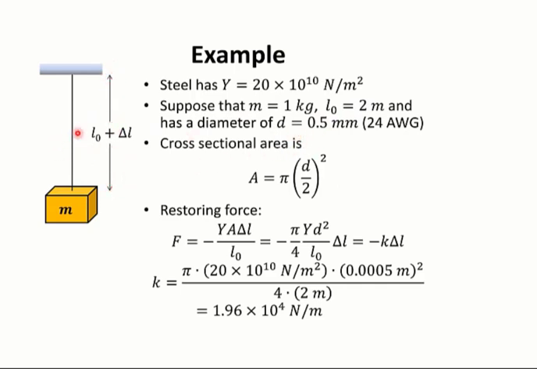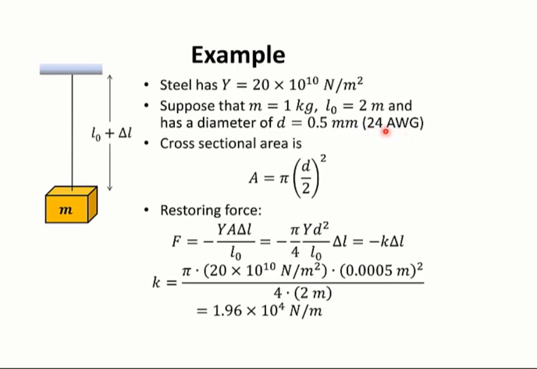Now here 24 AWG means American wire gauge. It is a convention of defining the diameter of different kinds of rods or wire, so you don't need to worry about this.